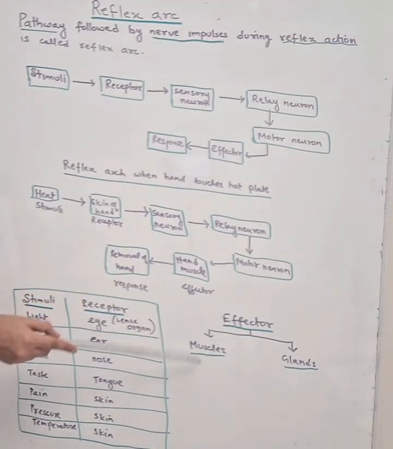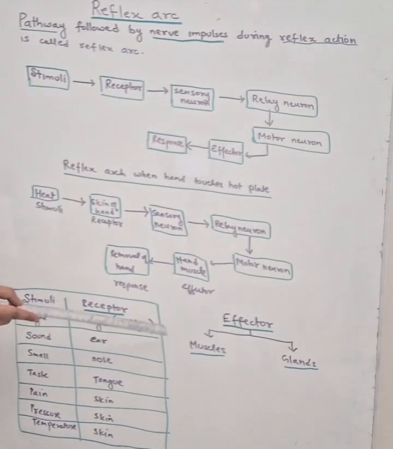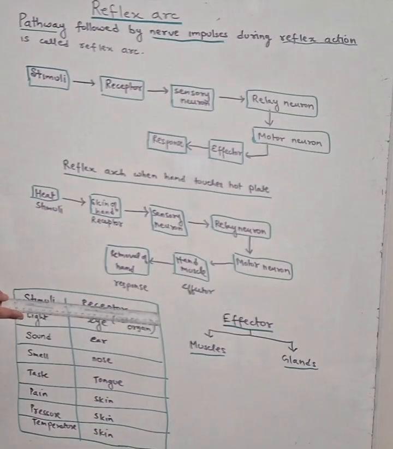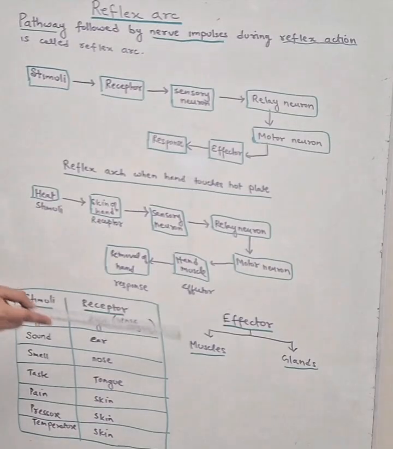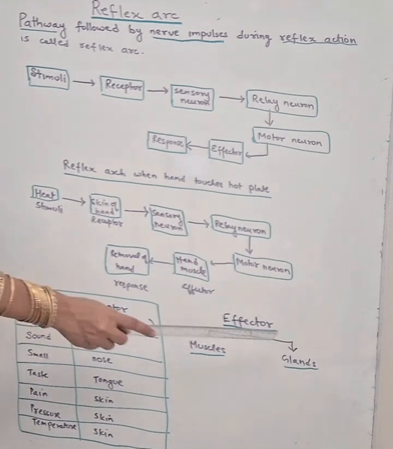If the stimulus is pain received by the skin of the hand, then the muscles will be the hand muscles. If the receptor is your eye, then the effector will be your eye muscles. So the effector can be either muscles or glands.